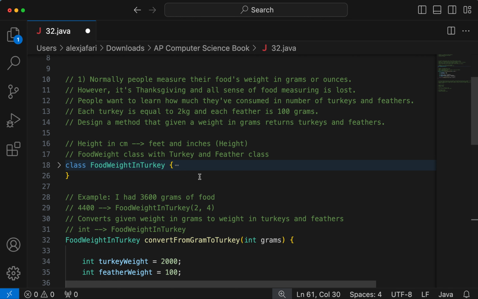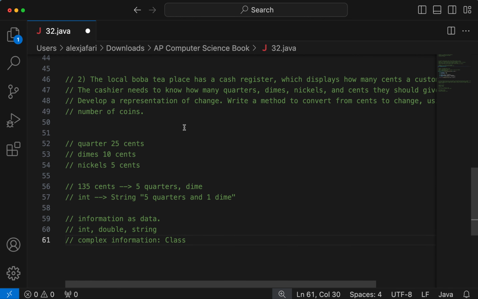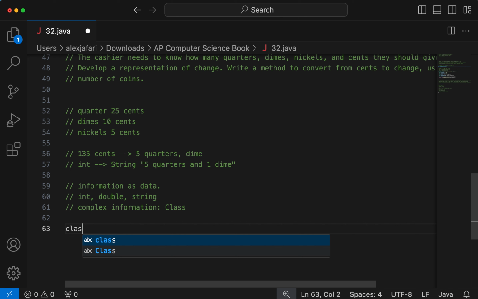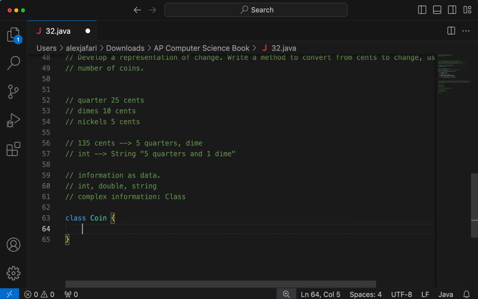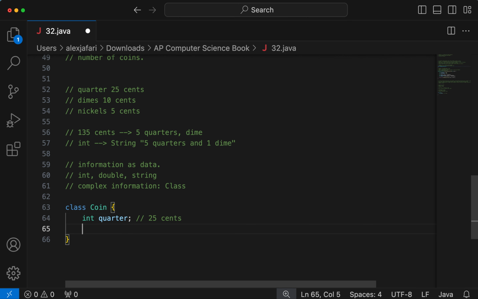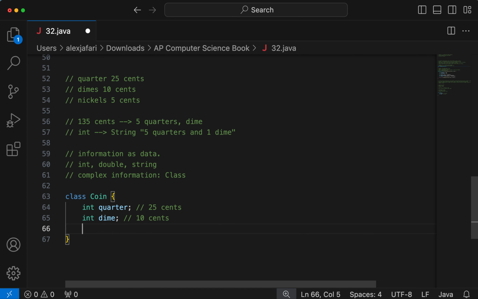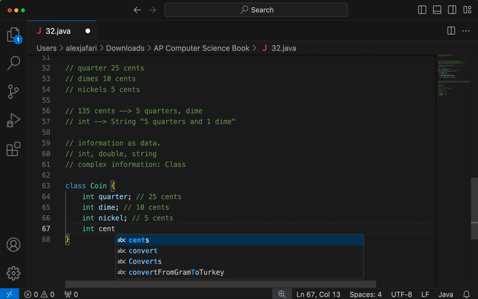So let's have a class Coin, and it will have quarter, which is 25 cents, dime, which is 10 cents, nickel, which is 5 cents, and cent.